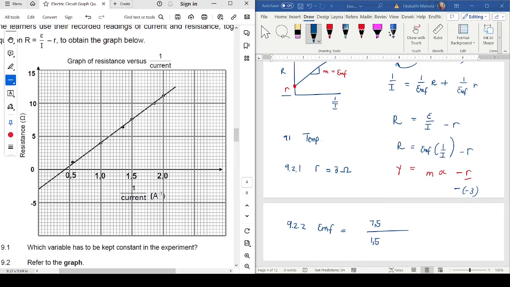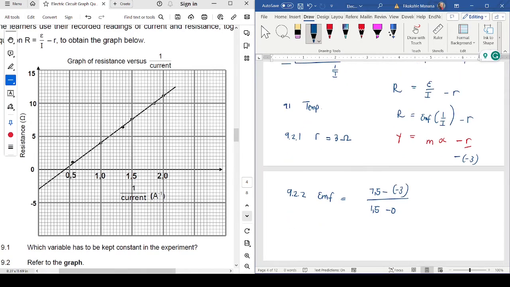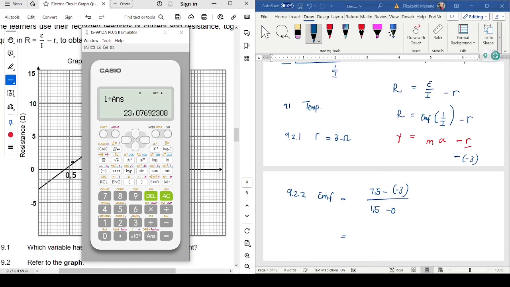And I'm gonna take it to 0. Okay, so where I have 0 on the X, I have -3 there. So minus 3. And then our EMF would be 7,5 plus 3.